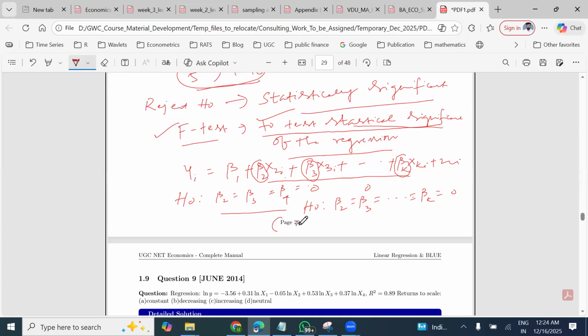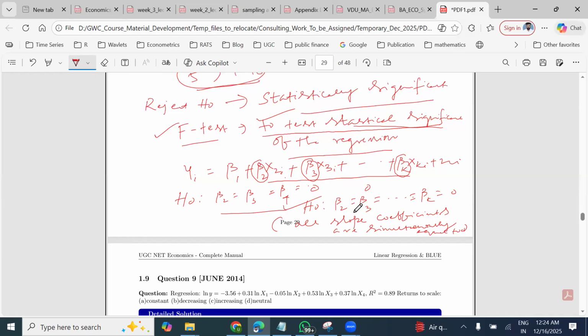I am writing in words also, so that you can understand: all slope coefficients are simultaneously equal to 0. Is it clear now? You are testing only this.